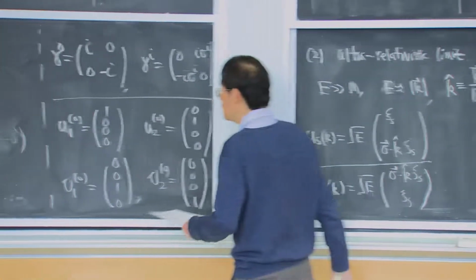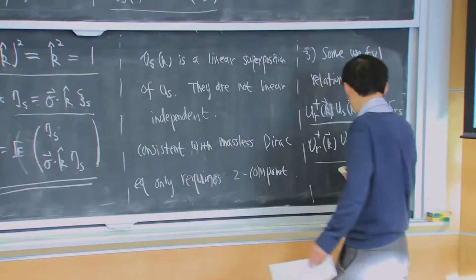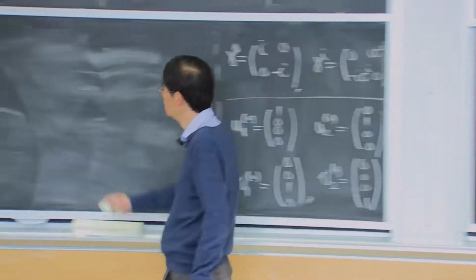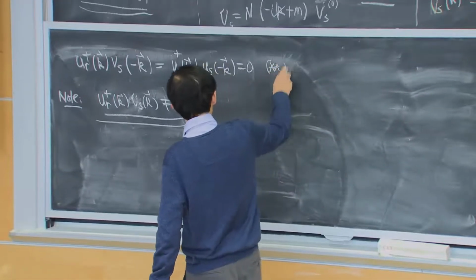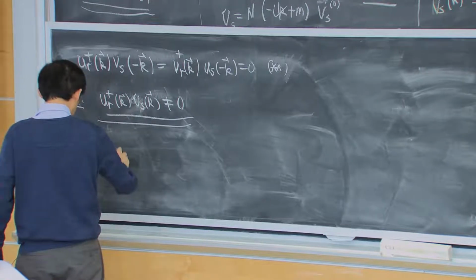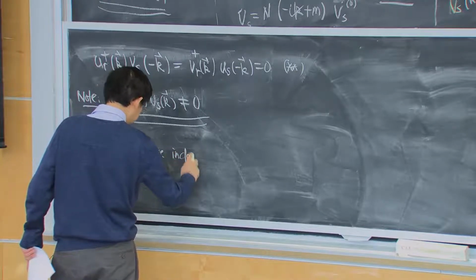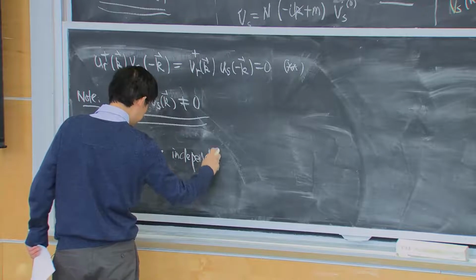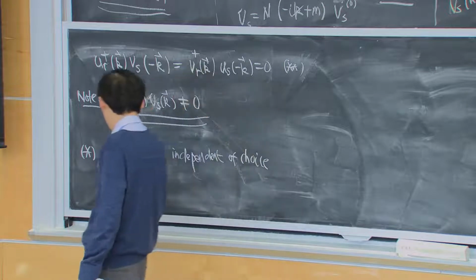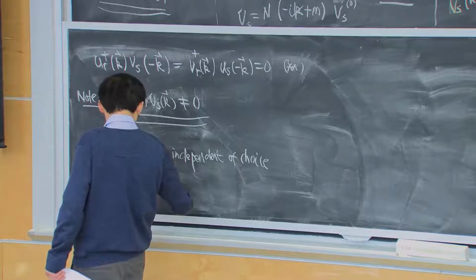So let me label them by star, and here by star. So star and star are actually independent of the choice of representations of gamma matrices, okay?